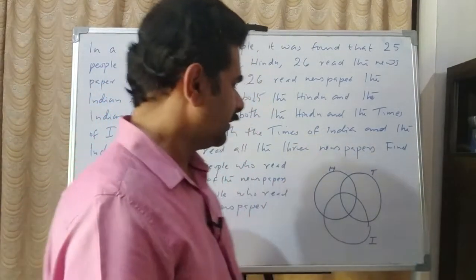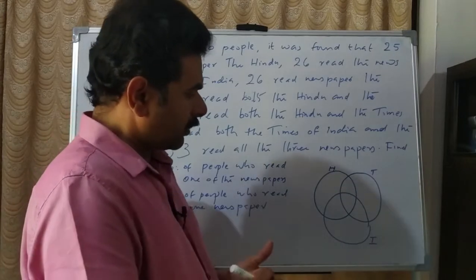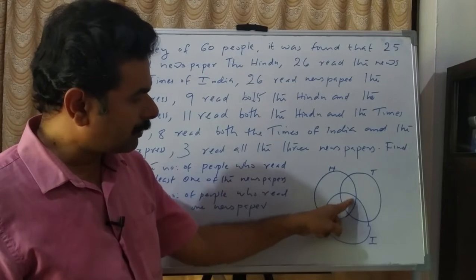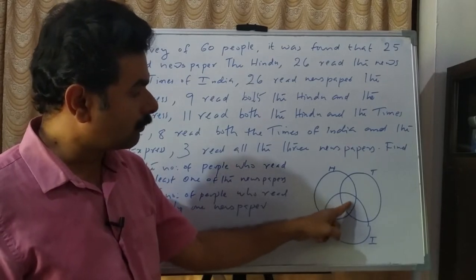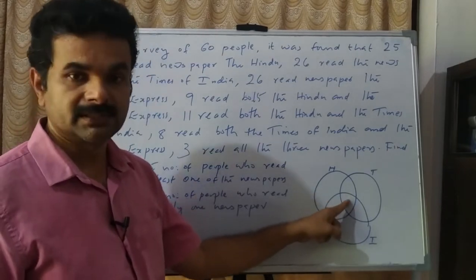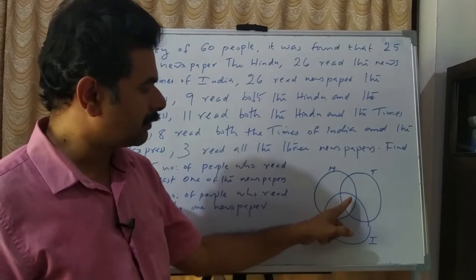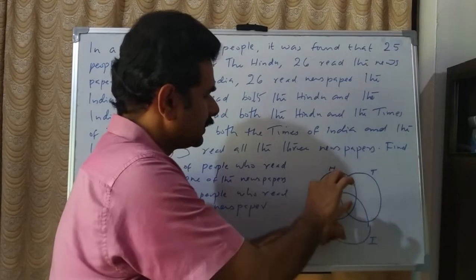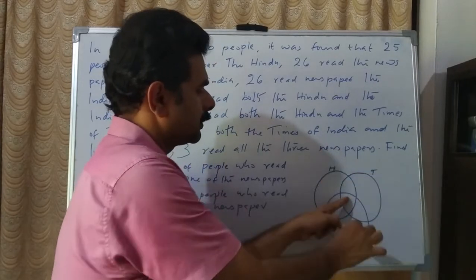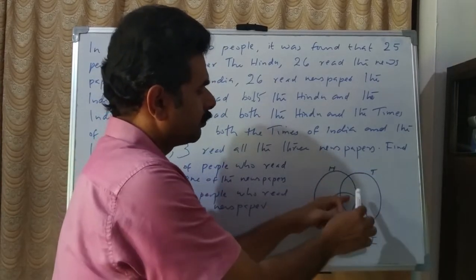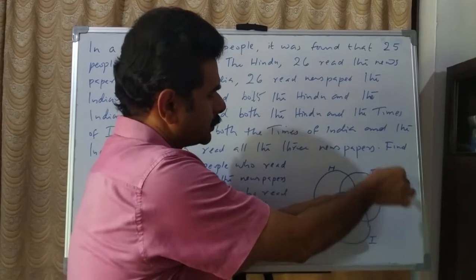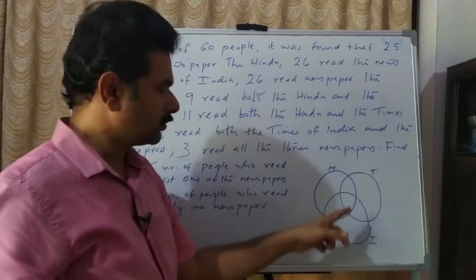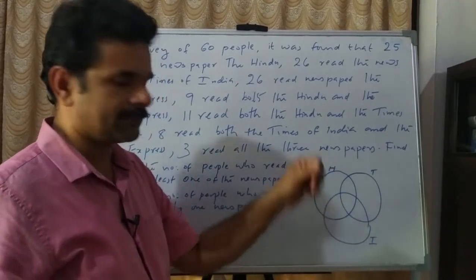Firstly, we are focusing on this area, because this small part is common to all three newspapers, isn't it? This portion is contained by The Hindu. This same portion is contained by The Times of India and The Indian Express also. So firstly we are filling this gap.